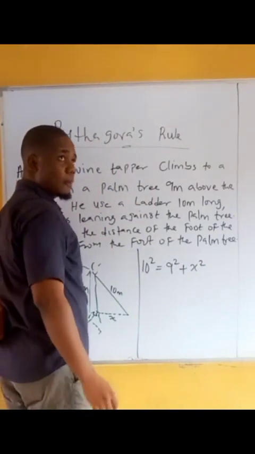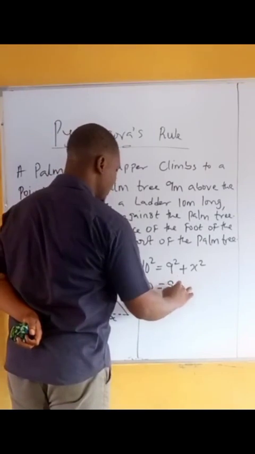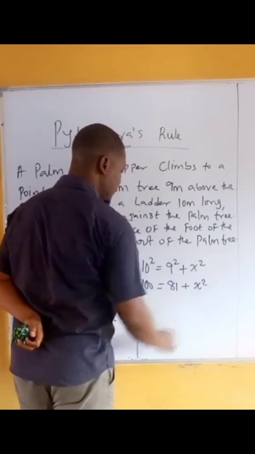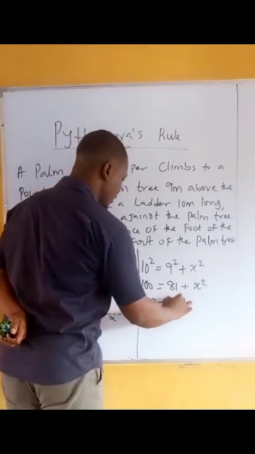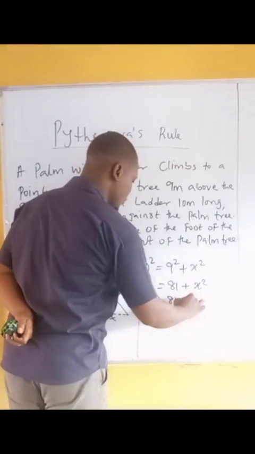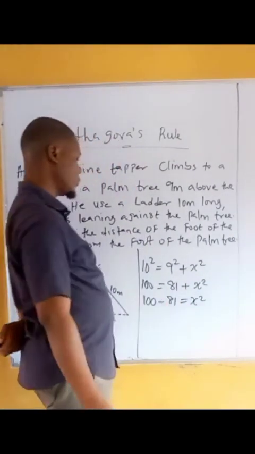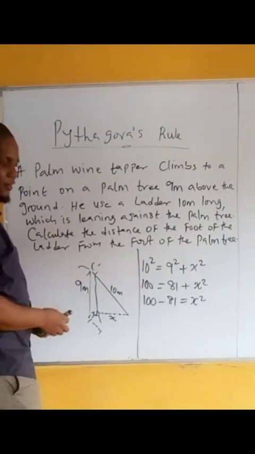You see what I've done now? Okay, so here will be 100 is equal to 81 plus x squared. This is 100 minus 81 is equal to x squared.